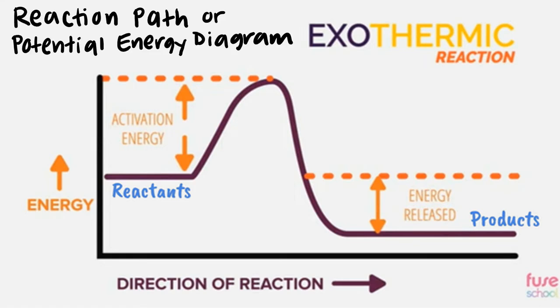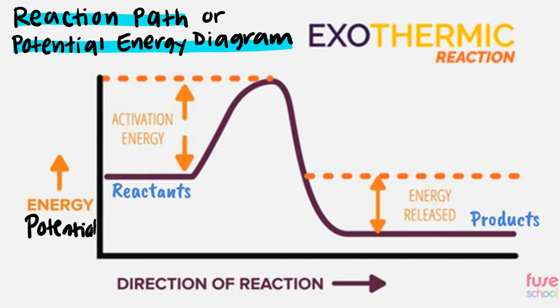First of all, the name of this graph is a reaction path or a potential energy diagram, and that's because we have potential energy plotted on the y-axis, and the direction of the reaction occurring on the x-axis.